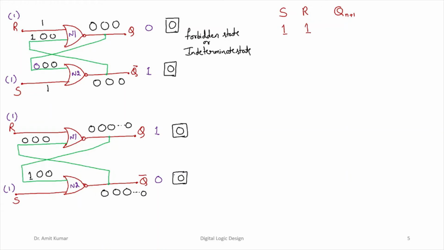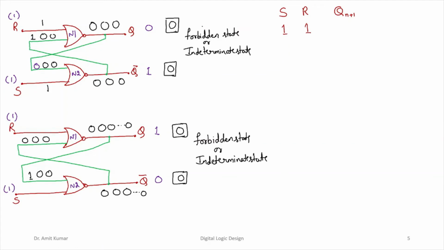Since both of the outputs, Q and Q bar, are fixed to 0 and 0, even if previously 1 was there, that is why we call this the forbidden state or indeterminate state.